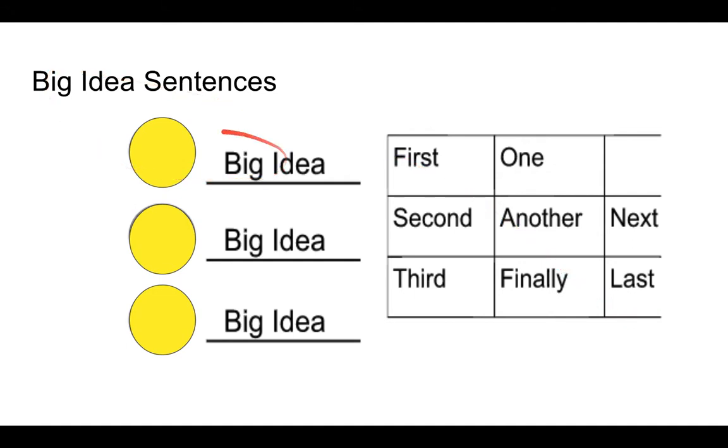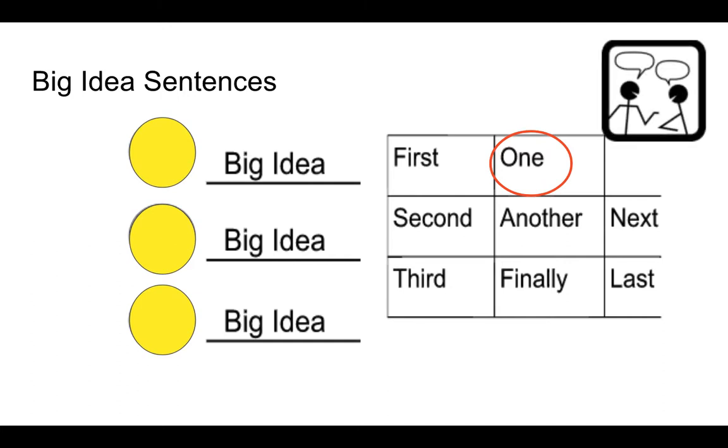Since I'm right here at the top, I'm going to choose one of these ones. So my big idea was water. I'm going to choose one as my transition word to start my sentence with. Again, before I write, I need to talk it out, whether that's with a partner or recording yourself on Seesaw.